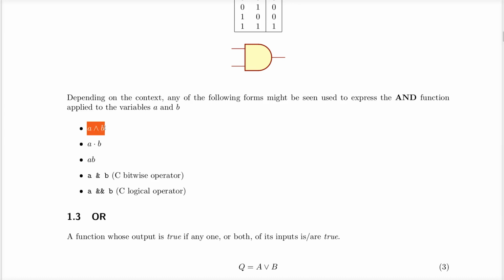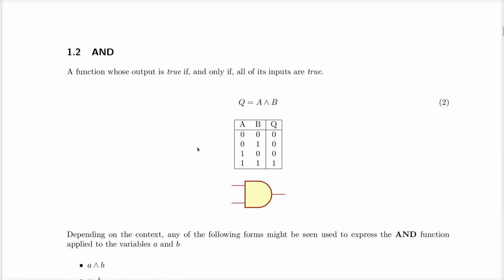So quite often you'll hear people refer to the Boolean logic AND as a product. And it sort of is. 0 times 0 is 0, 0 times 1 is 0, 1 times 0 is 0, and 1 times 1 is in fact 1. So in a way, this is kind of multiplying.